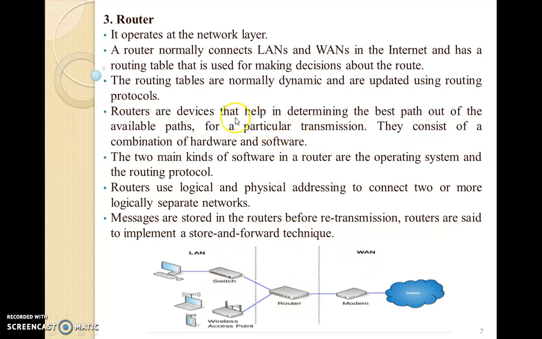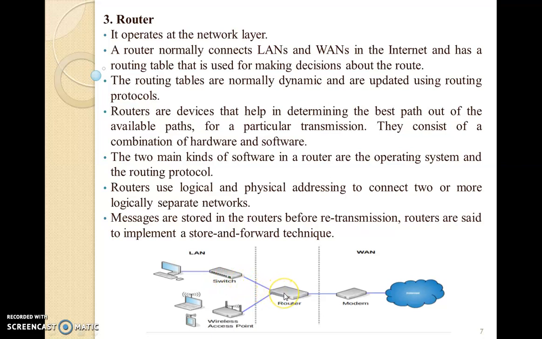Routers are the devices which help in determining the best path. The very important task performed by a router is finding the best path available in order to send data. For example, if this system wants to send data to a system on another network, then this router will find out how many routes are available.